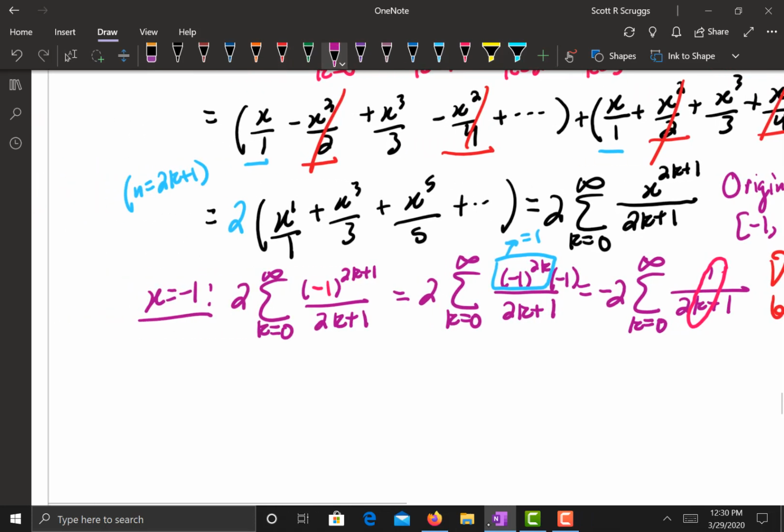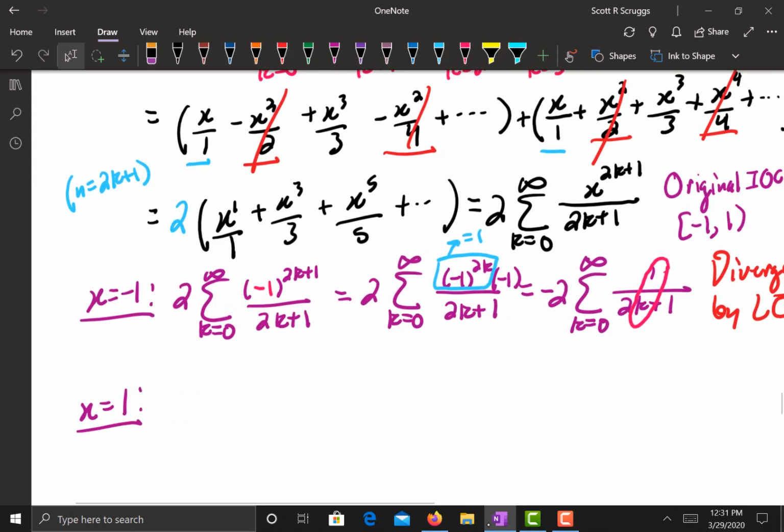Alright, let's try this again. If x equals 1, we have 2 times the sum from k equals 0 to infinity. Now that I plugged in 1, I just have 1 over 2k plus 1. And this is just the same series as before, positive instead of negative.